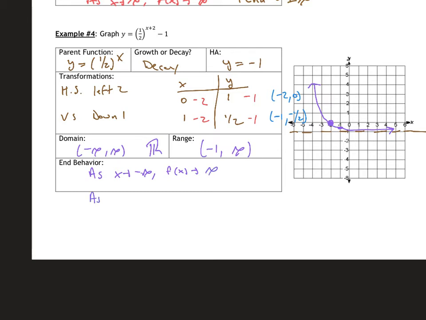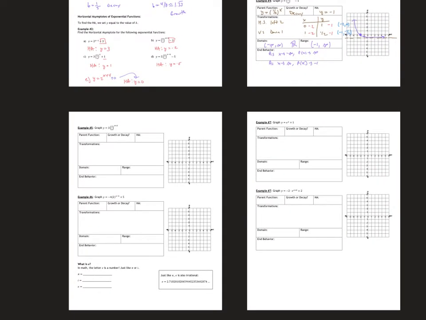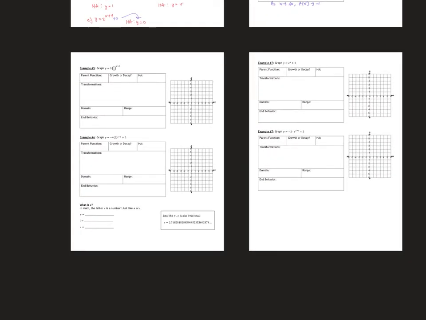And then as x approaches positive infinity, to the right side, that's getting closer to my horizontal asymptote. So we end up getting -1 here. All right? So some quick sketches, we're good to go. If you want to pause it and go through these on your own, you're more than welcome to.